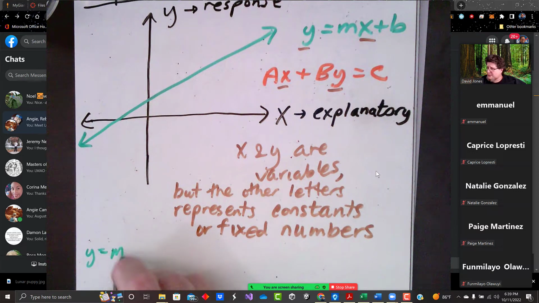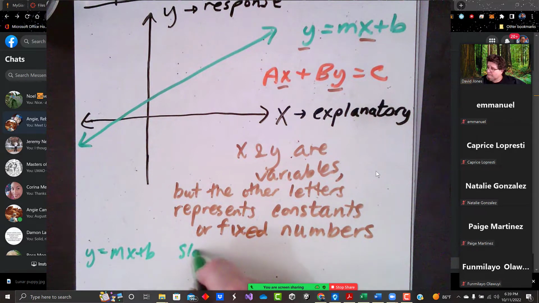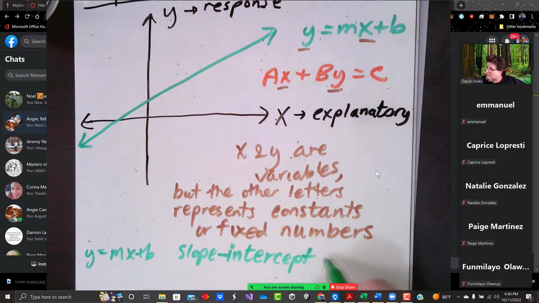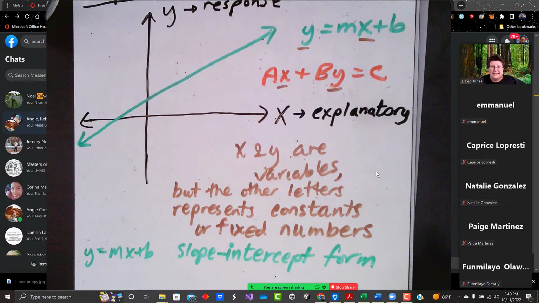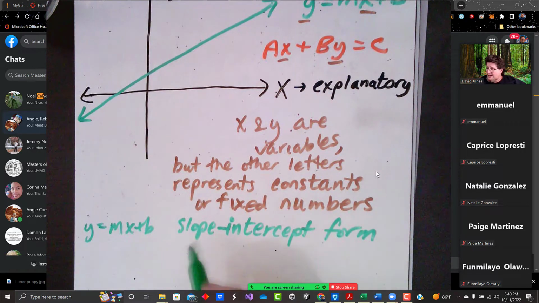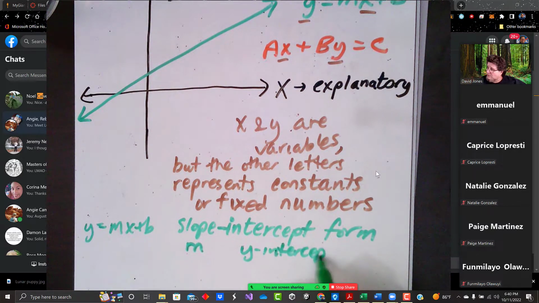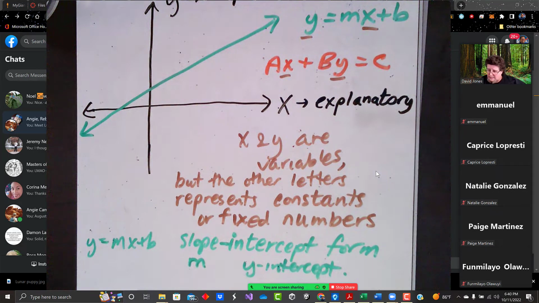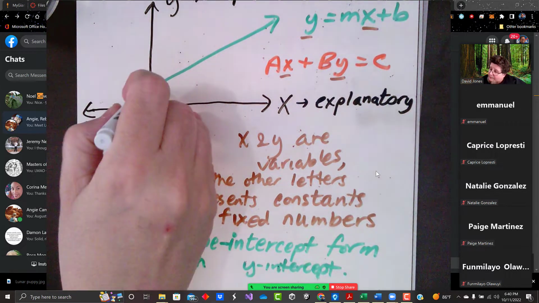y equals mx plus b is called the slope-intercept form, because the m is the slope and the intercept is the y-intercept, which is right here.